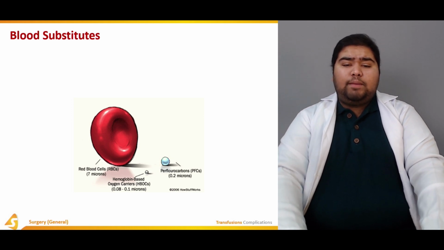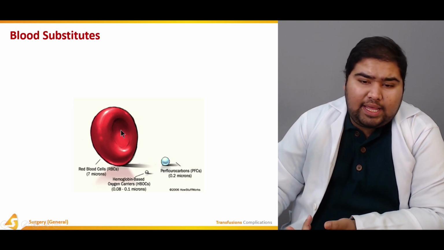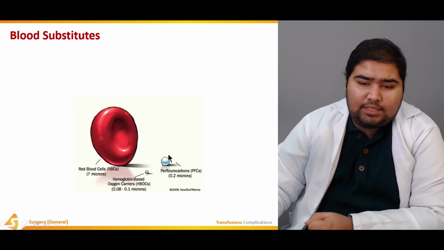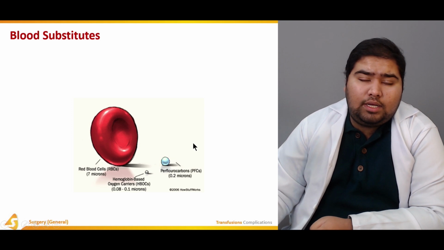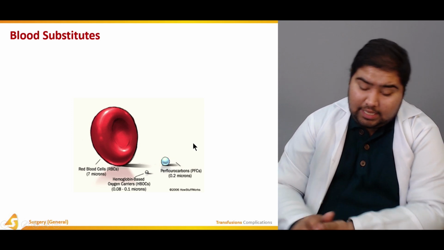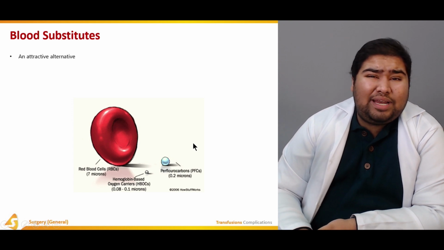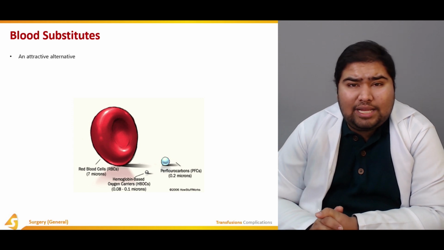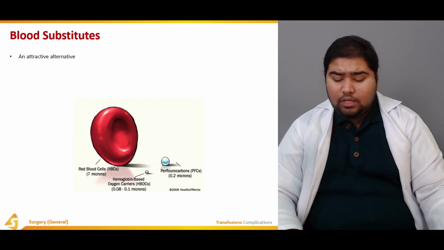Now let's talk of the blood substitutes. This is a red blood cell that normally carries oxygen. These are the hemoglobin based carriers, which are blood substitutes, and these are the perfluorocarbons. These are also blood substitutes. We'll see what these are and how they carry oxygen. Blood substitutes are an attractive alternative, and why is that? Because blood is a limited resource and it is difficult to harvest blood.